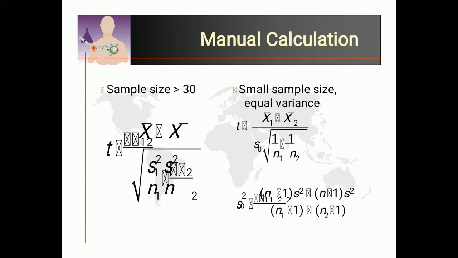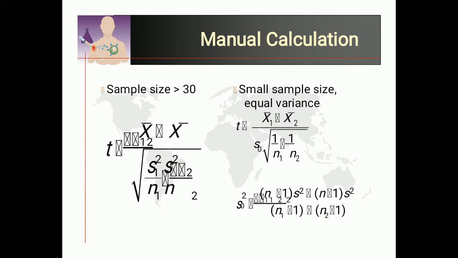Manual calculation, if the sample size is more than 30: t stands for student t-test, x1 bar stands for the mean of x1, x2 bar stands for the mean of x2, divided by the square root of s1 square divided by n1 plus s2 square divided by n2, where n1 and n2 are the number of individuals in each sample.